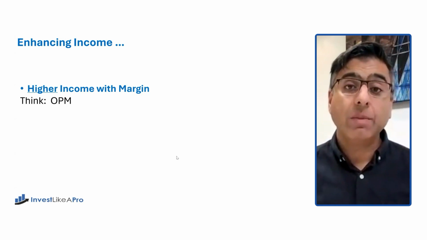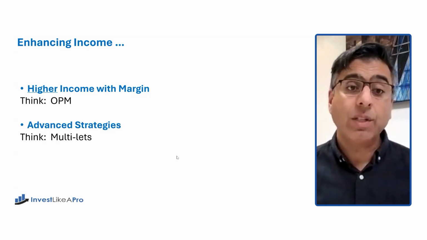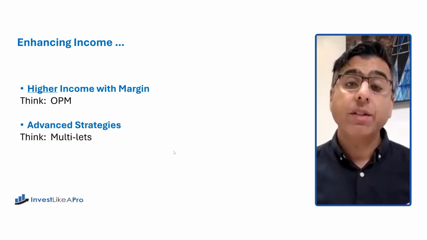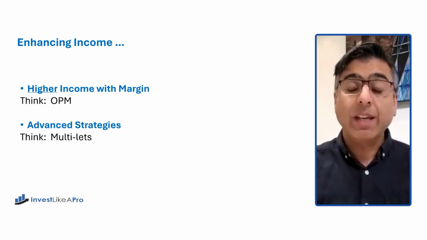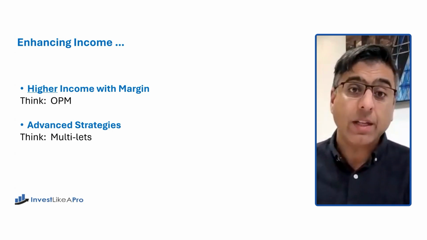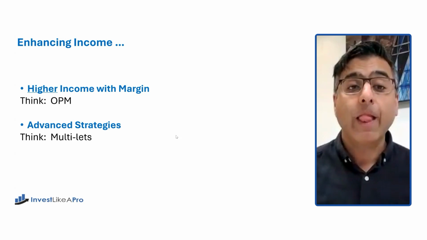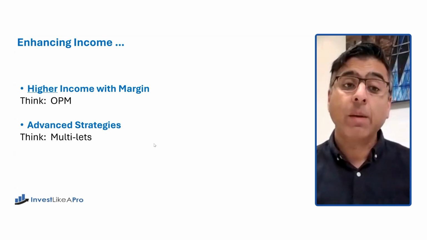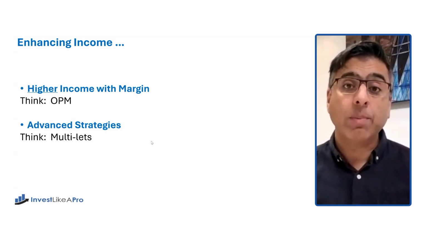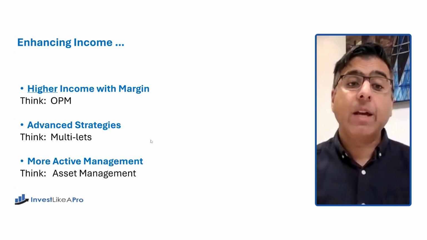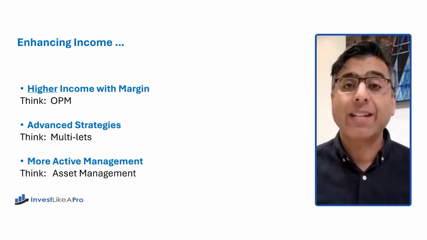So that's using margin that magnifies your returns. Advanced strategies. We've talked a little bit about strangles and credit spreads. Think about that as creating a multi-let out of a single let in terms of the property analogy. So with options, you can do the same thing by applying all of these advanced strategies to multiply your income levels.